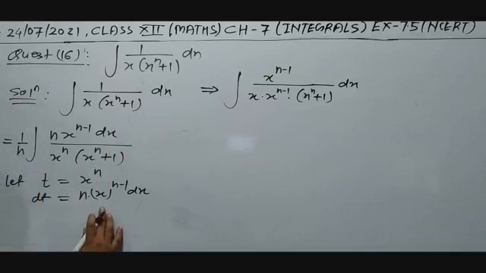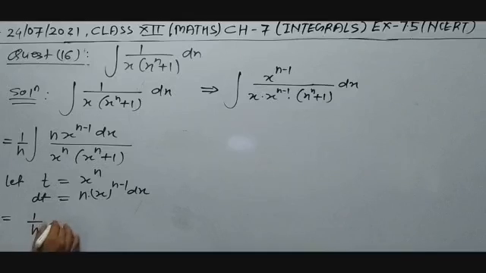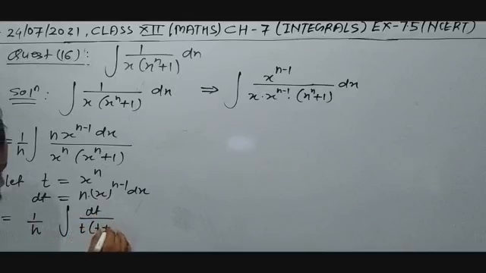So the integration will convert to 1 upon n integration of dt upon t times (t plus 1).